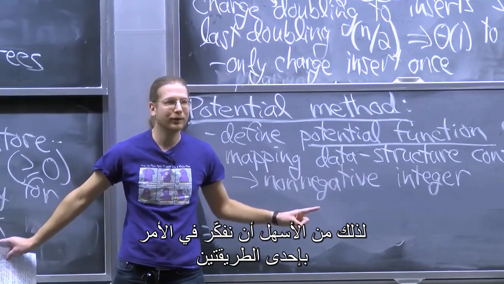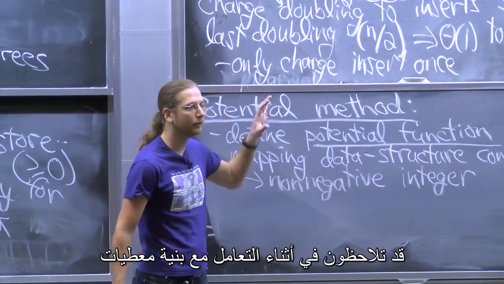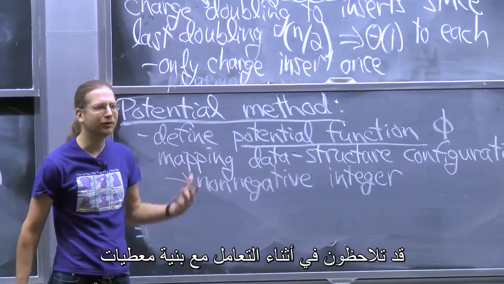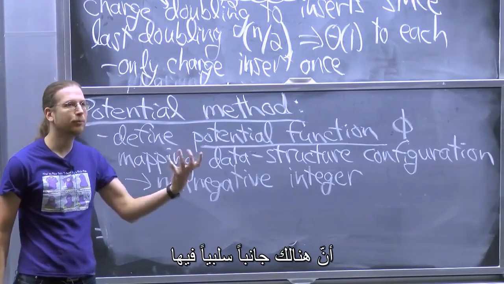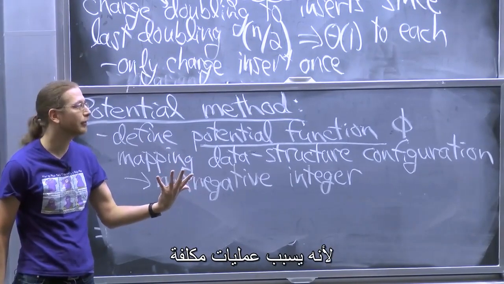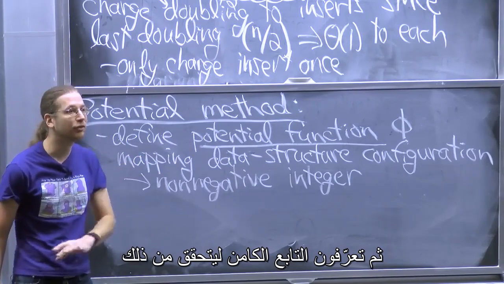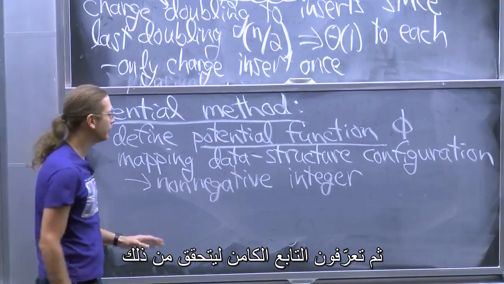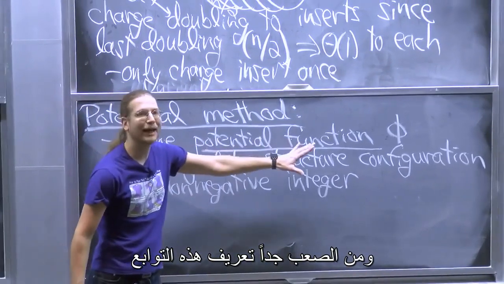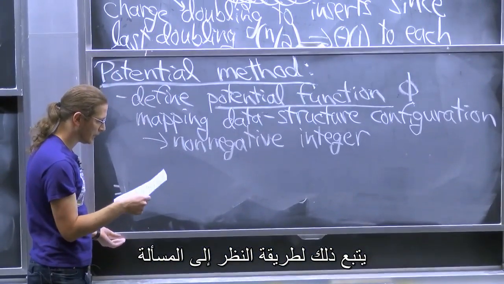But usually, it's easier to think about one perspective or the other. Really often, you can just look at what's going on with the data structure and say, hey, this aspect of the data structure makes it bad. It makes costly operations. And you can just define the potential function and then just check that it works. But it's a little bit of black magic to come up with these functions. So it depends how you like to think about things.